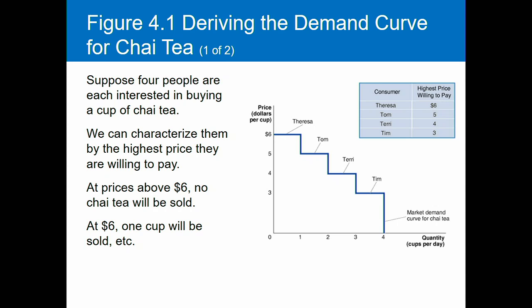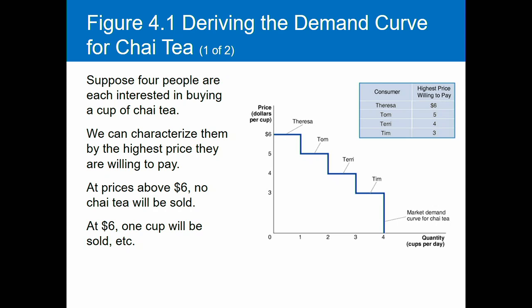So if we look at these 4 people, we can create a demand schedule for them. We have 4 consumers here, and the highest price they're willing to pay is the benefit that they derive from consuming this tea. So if the price is above $6, no one's going to be willing to pay for the tea. Teresa values it at exactly $6. So even if it's more expensive than that, she's not willing to buy it.